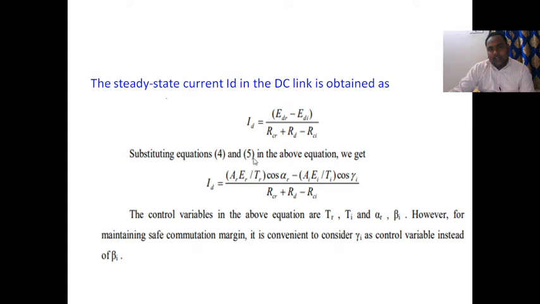Substituting equations 4 and 5, we get ID equal to AR ER by TR cos alpha R minus AI EI by TI cos gamma I, by RCR plus RD minus RCI. The control variables in the above equations are TR, TI, alpha R and beta I. However, for maintaining a safe commutation margin, it is convenient to consider gamma I as the control variable instead of beta I.